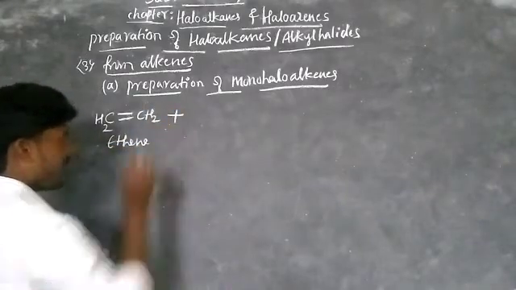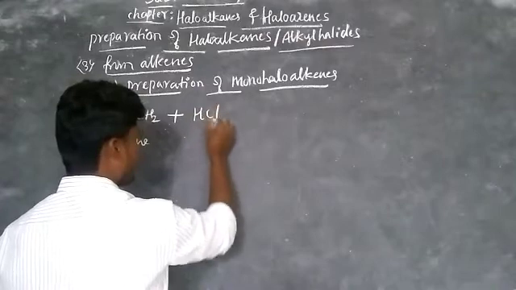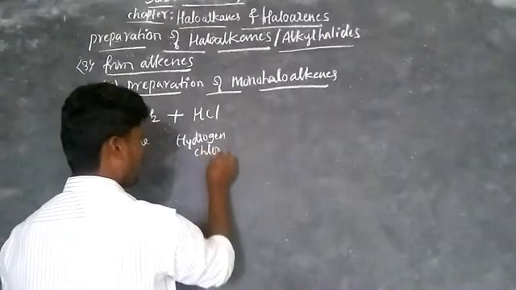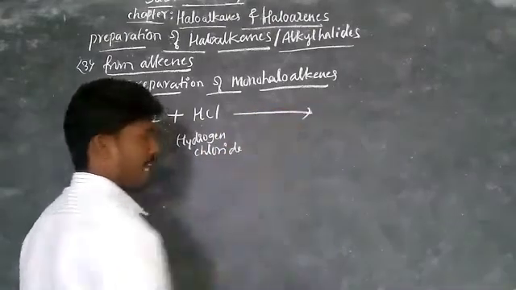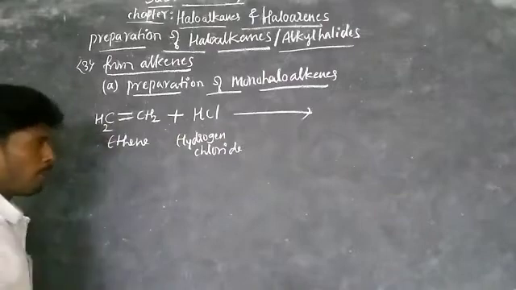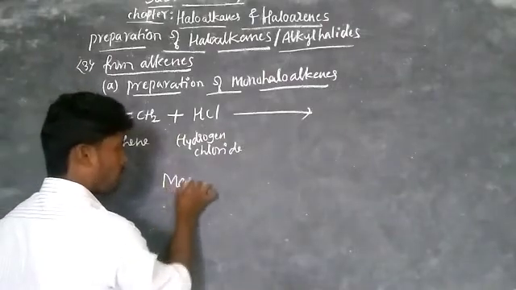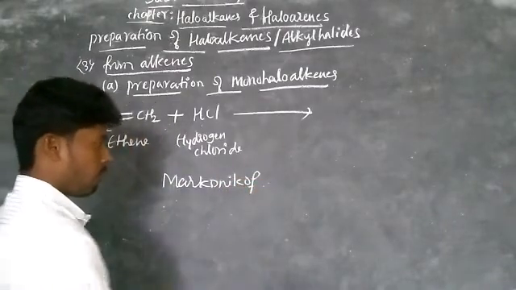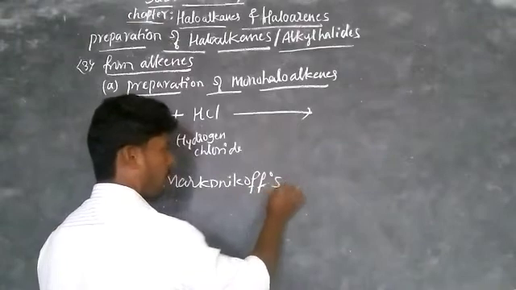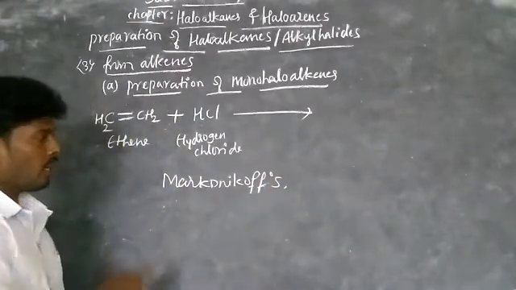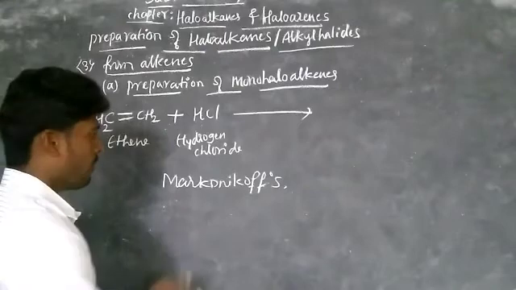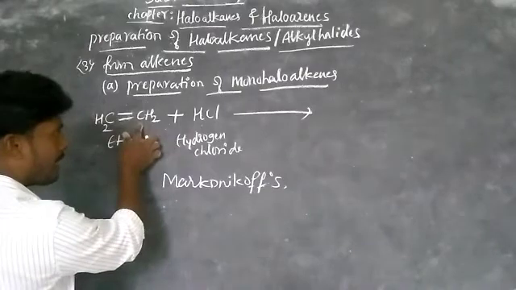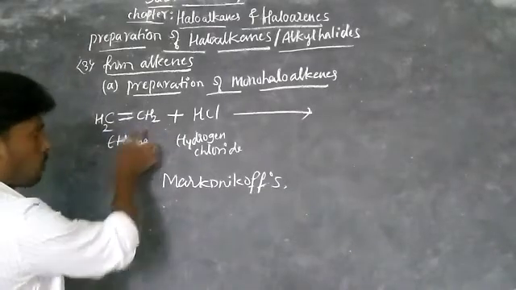This ethene is treated with hydrogen chloride, HCl. This addition of hydrogen chloride across the double bond follows Markovnikov's rule. You already studied it in your lower classes. It means the hydrogen from HCl should be added to the carbon that contains more hydrogens.